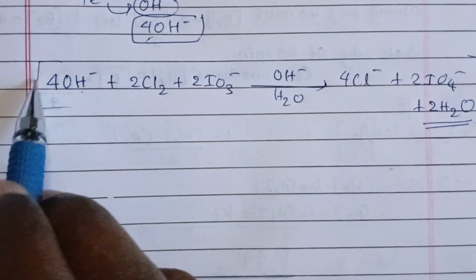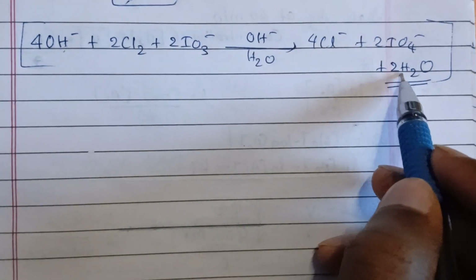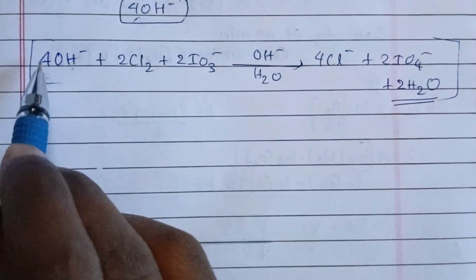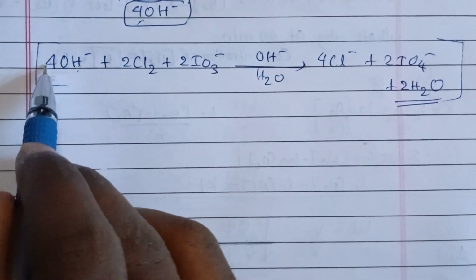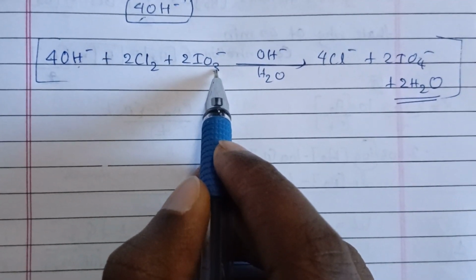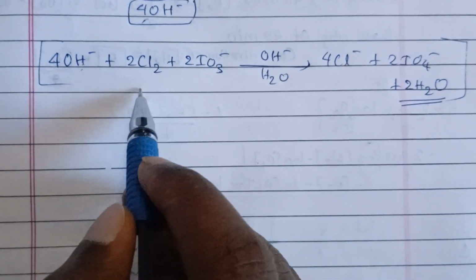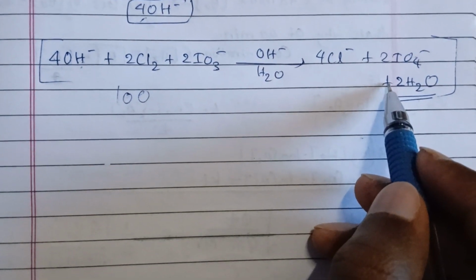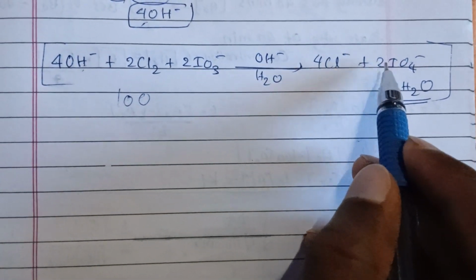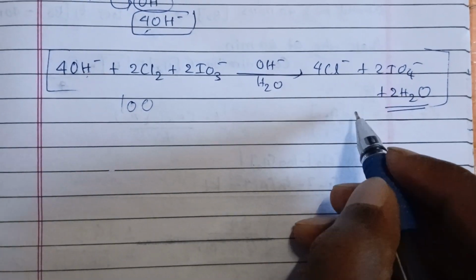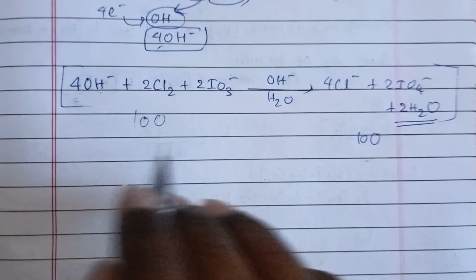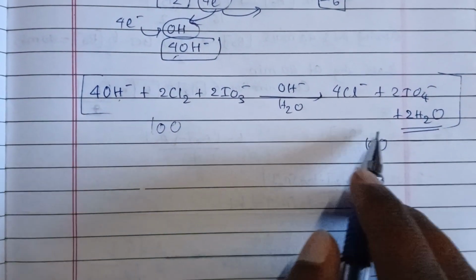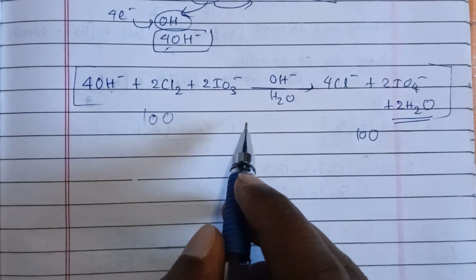Here you have 4 hydrogens, and here also 4 hydrogens. Oxygen: here there are 4 plus 6, that is 10 oxygens. And on this side, 2 times 4 is 8, and 2, again 10 oxygens. So the balancing of the redox reaction in basic medium has also ended.